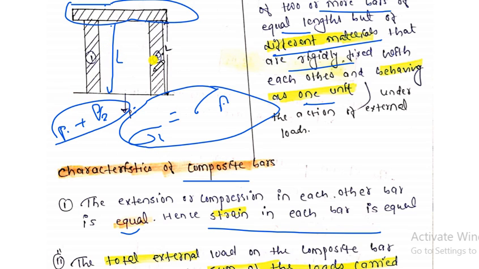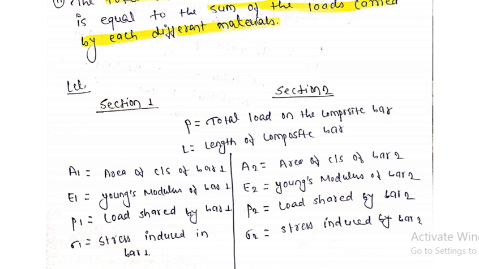So P is the total load, and P equals P1 plus P2, the sum of the loads carried by section 1 and section 2. These are the characteristics we must understand for further study of the composite section. Let's analyze composite sections more deeply.